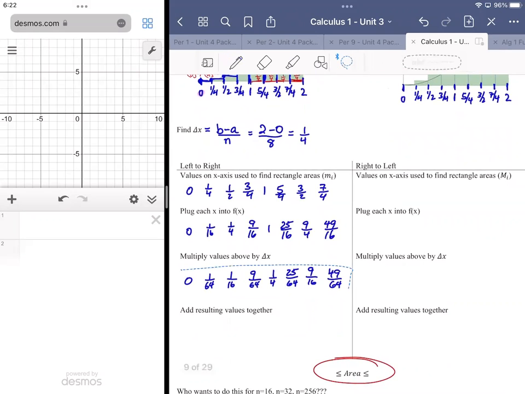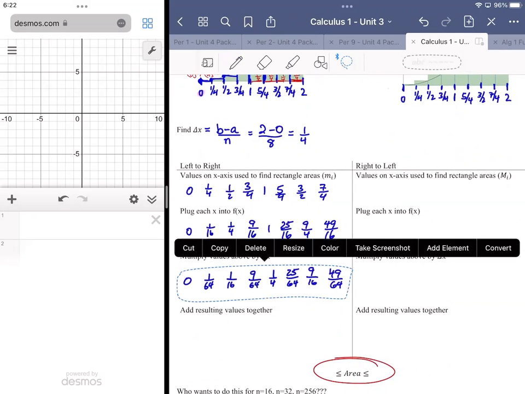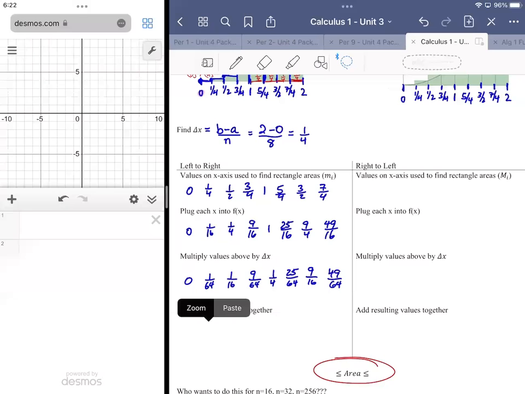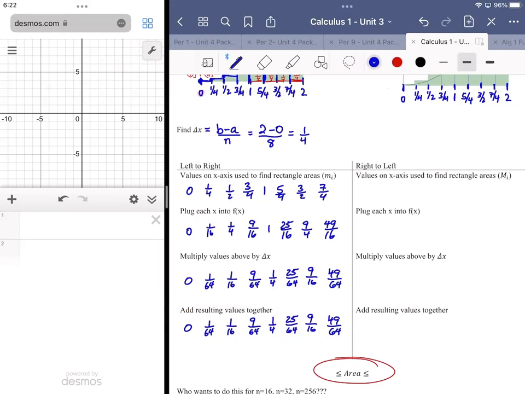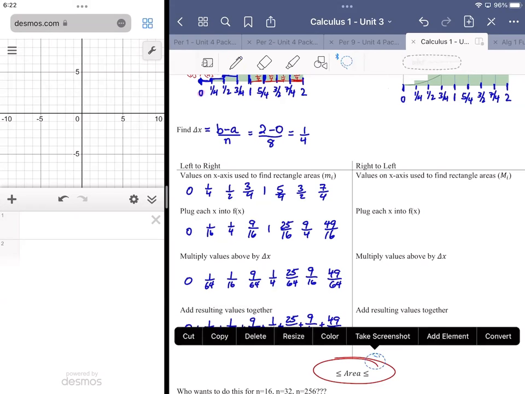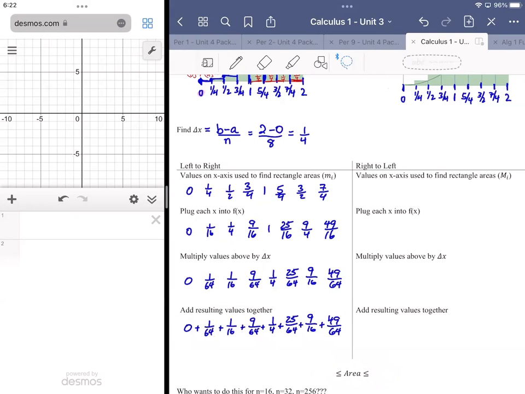Then we add them all up, putting a plus sign between them. That sum would give us the lower bound of the approximation. We could crunch that out in a minute, but we're going to take care of the other side.